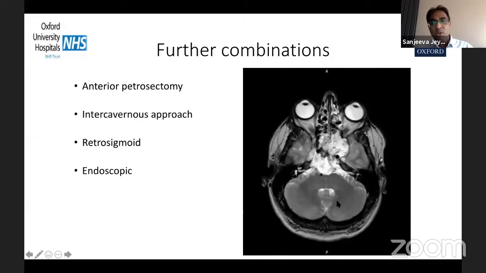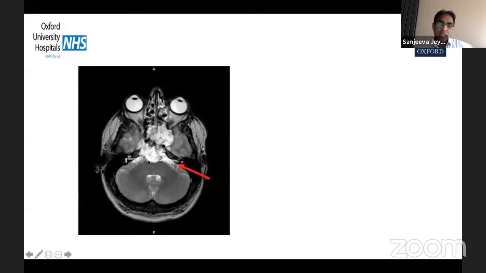And you can combine it with other approaches as well. So this is a tumor that a lot of people I think would have gone endoscopically, which is fine. I prefer to combine it with this sort of transpetrous approach. You can see it's a complex but soft tumor, which makes it more straightforward, involving the cavernous sinus, towards the brainstem. So I combined that with this approach that I just described.